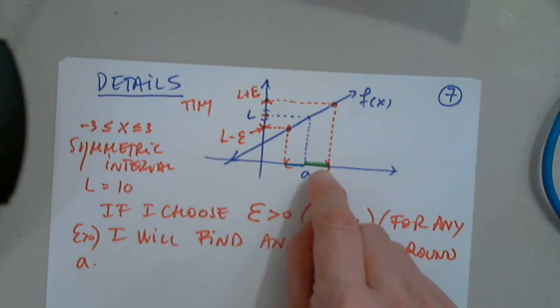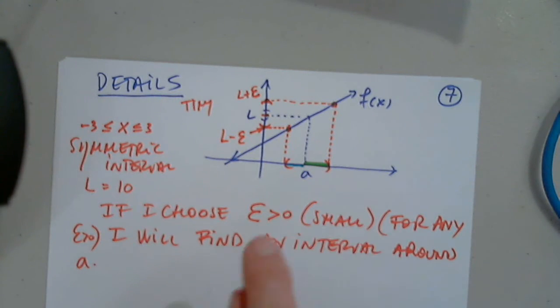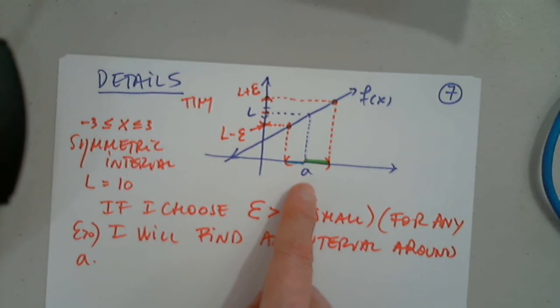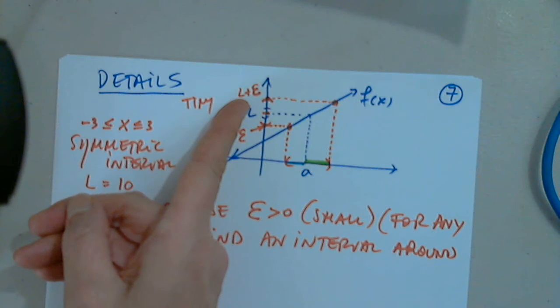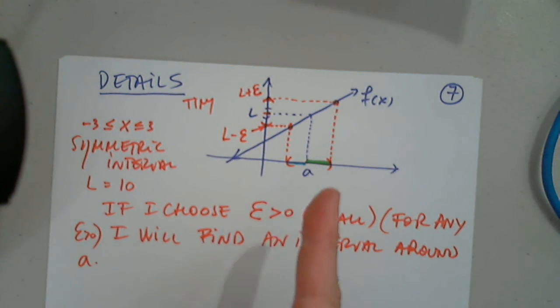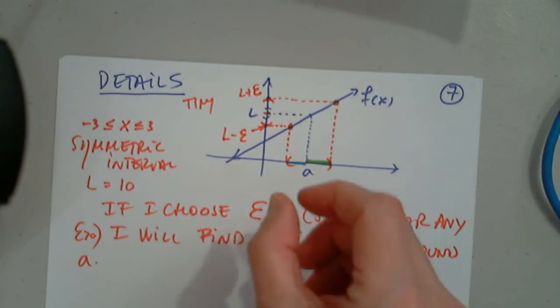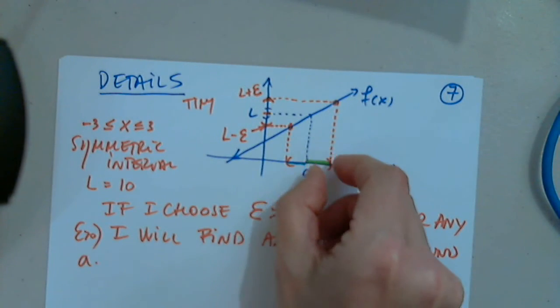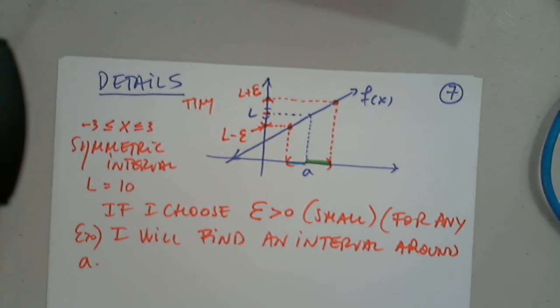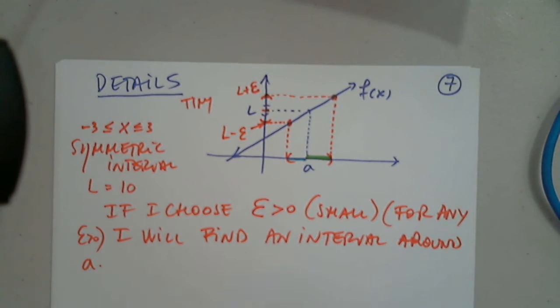So the question is, which of these two lengths would I use? Because I also need to determine a symmetric interval near A, around A. So a symmetric interval around L will create an interval around A, but now I have to make a decision. Do I choose this width or this width? And the answer is I always have to choose the smallest of the two.